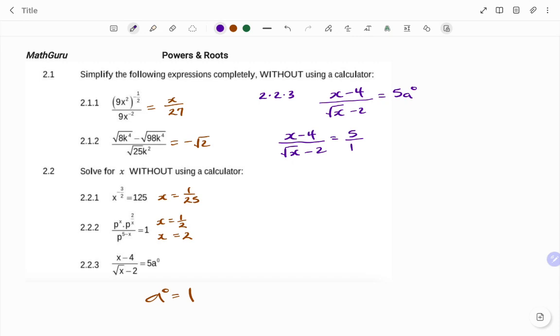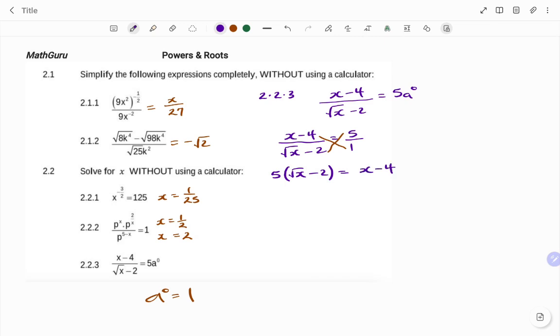Whole number divided by 1 to make that a fraction. So from here, I'm going to cross multiply, and cross multiplying means I have 5 times root of x minus 2 is equal to 1 times x minus 4.